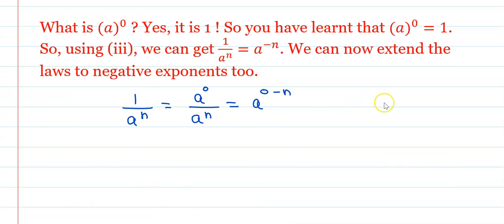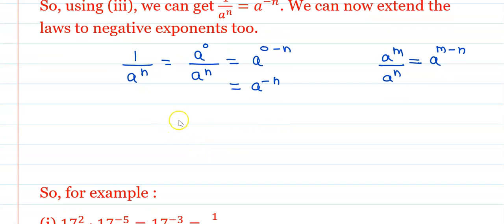What is that rule? a raised to m upon a raised to n equals a raised to m minus n, in this way. And this equals a raised to minus n, and therefore whenever we have 1 upon a raised to n, that equals a raised to minus n.